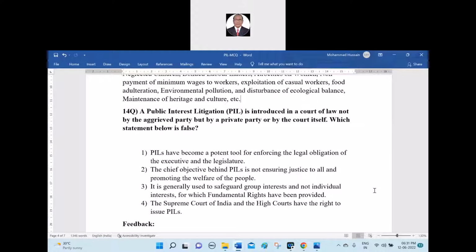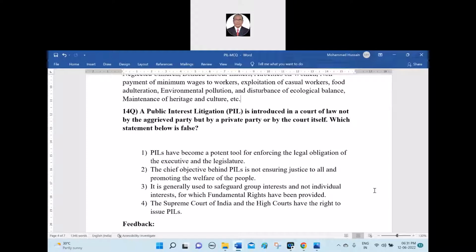The first one is the correct one, sir. It's not related with executive and legislation. Not by the aggrieved party, by the private party, or by the court itself. Which statement below is false? Number one, right. PILs have become a potent tool for enforcing the legal obligation of the executive and the legislatures.